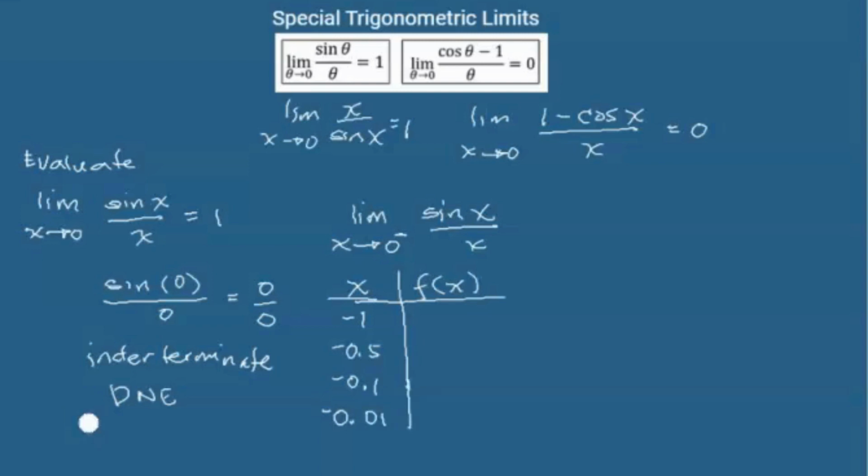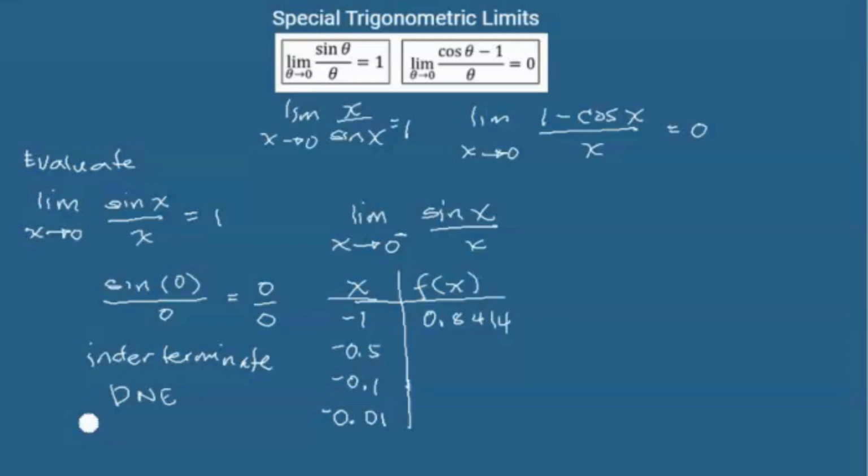Using our calculator, sine of negative 1 over negative 1 will be 0.8414.